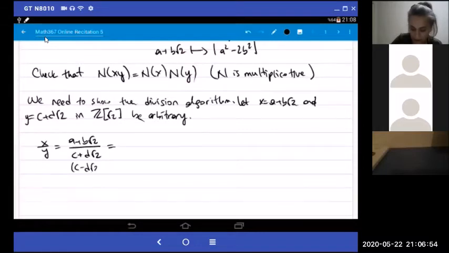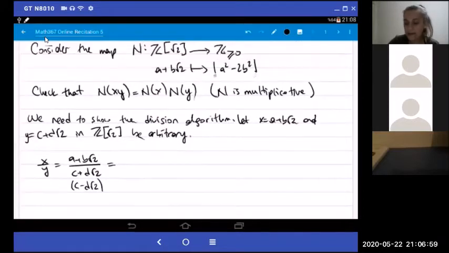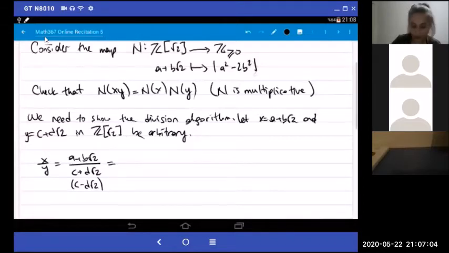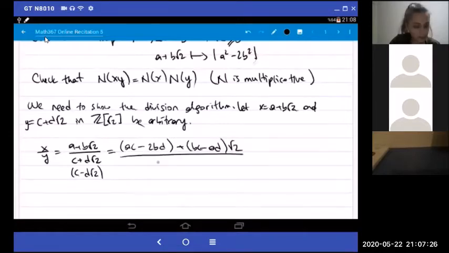c minus d root 2. This is something like we are trying to obtain this kind of a squared minus 2b squared kind of thing here, and trying to make all coefficients integer. So if you perform this multiplication, what we have is that (ac minus 2bd plus (bc minus ad) root 2) over c squared minus 2d squared.